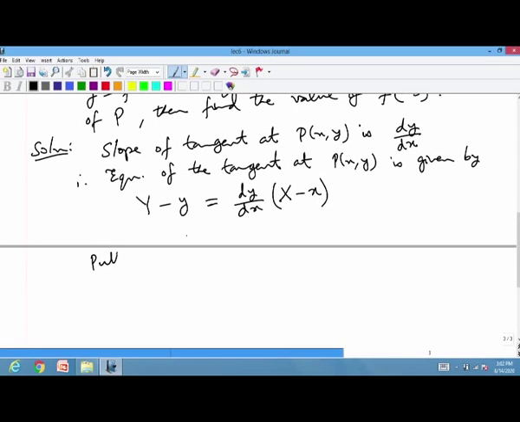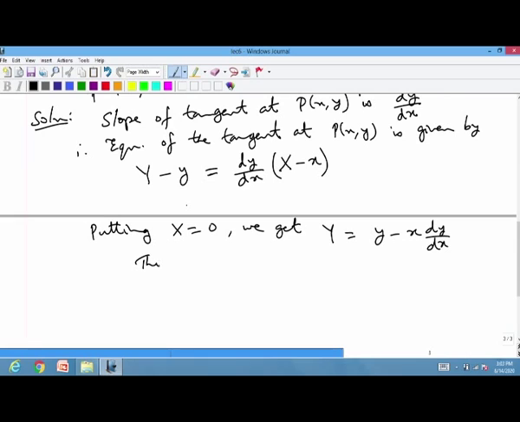Putting capital X equal to 0, we get capital Y is small y minus x dy dx. This gives the y-intercept. And the abscissa of this point P(x, y) is x.